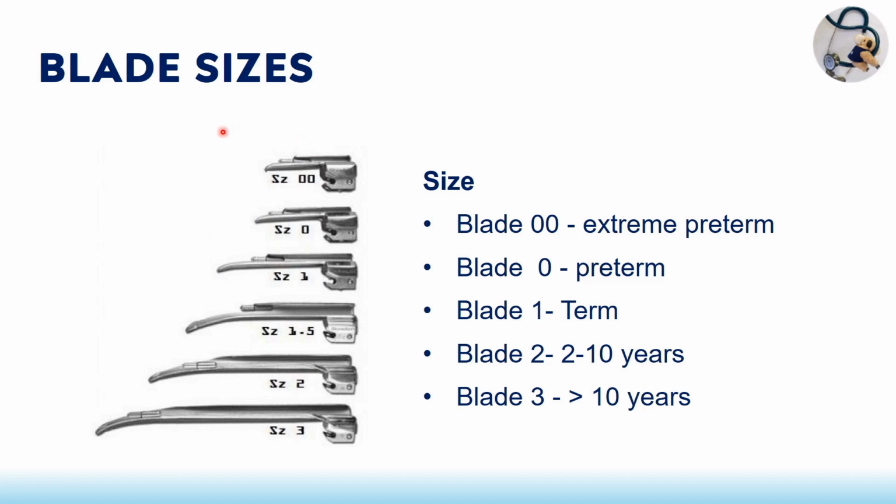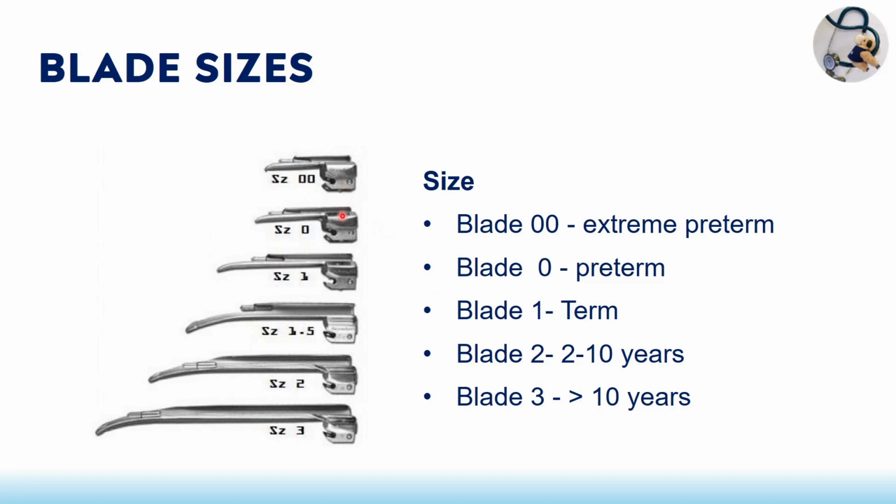Now come to the different blade sizes. So there are different sizes like this. For extreme preterm babies, you use blade 00, and blade 0 is used for preterm babies, and blade number 1 for the term babies, blade number 2 for 2 to 10-year-old children, and blade number 3 for children more than 10-year-old.